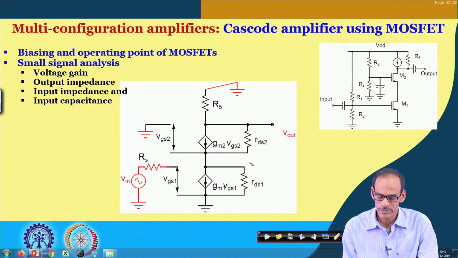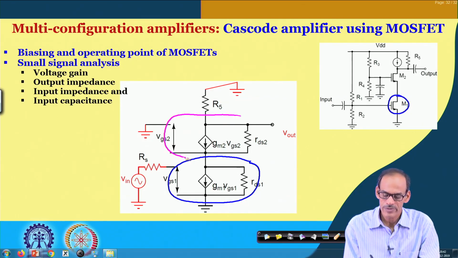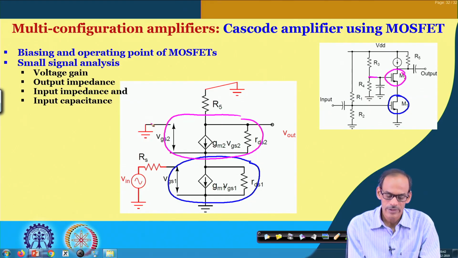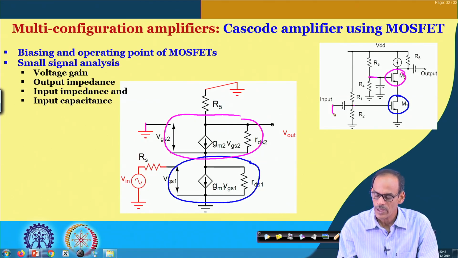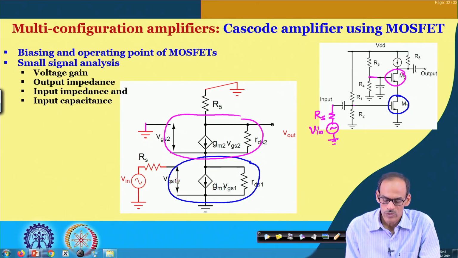So, this part is for M1, and on the other hand this part is for M2, and the gate of M2 is connected to AC ground here, and at the gate of M1 we are feeding signal Vin, and the signal source may have a source resistance of Rs, and then we have VGS getting developed based on the input signal here.